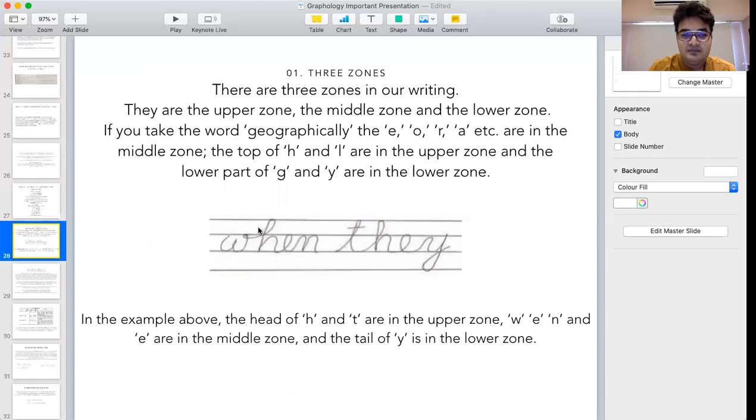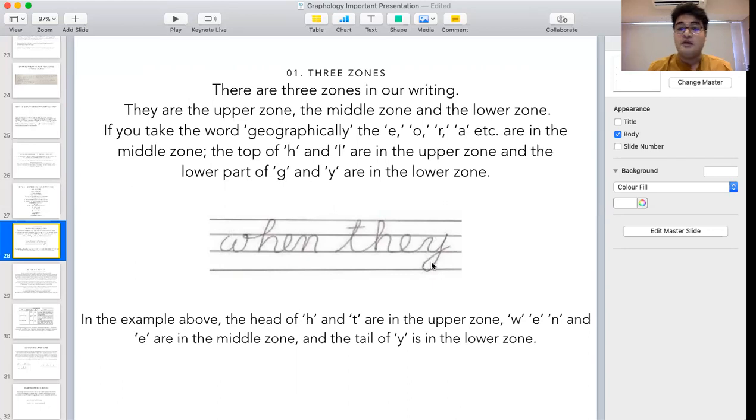As you can see, this particular part over here, this is the upper zone, middle zone, and lower zone, the way it is written. In the example above, the head of H and T, that is in the upper zone. Over here, W, E and N are in the middle zone, and the tail of Y, the loop that you see over here, that is in the lower zone.